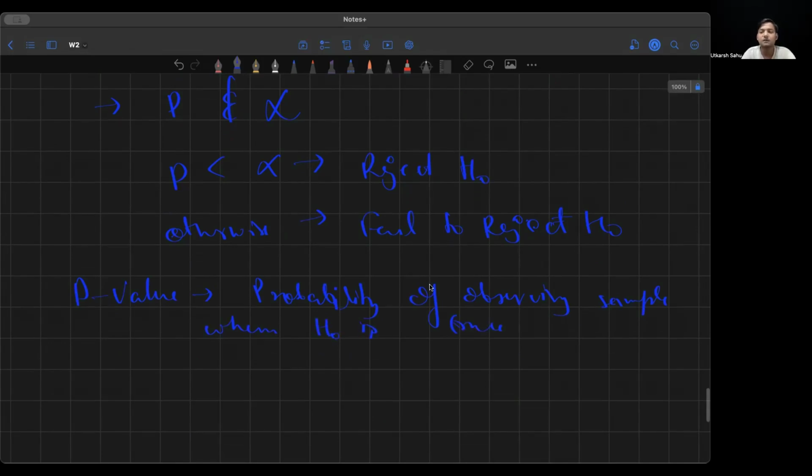This is, I think, a very layman definition. If you open any standard book, they have a proper explanation of what the p-value is. If I get time, I will update this.